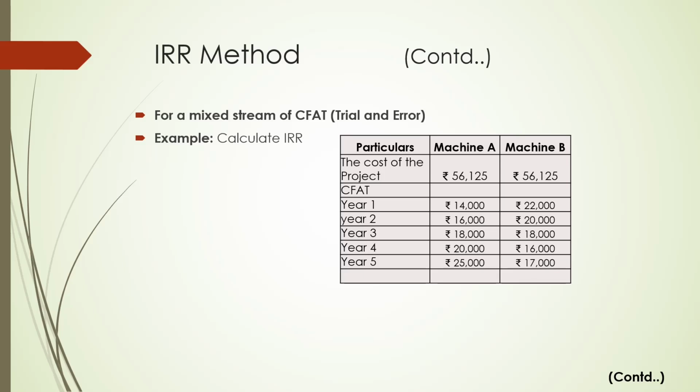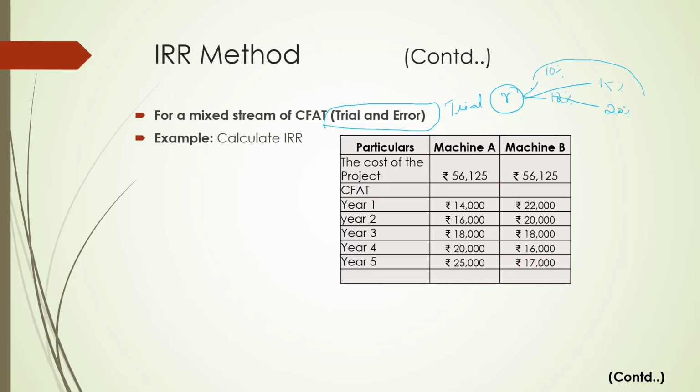Now let us see this formula for mixed stream of CFAT. This method we call the trial and error method, because we trial the R. Sometimes, let us assume, we take 10%, if not satisfied, again 12%, or 15%, or 20%.